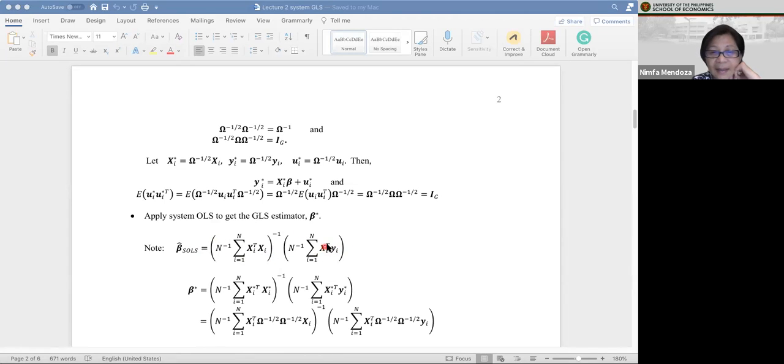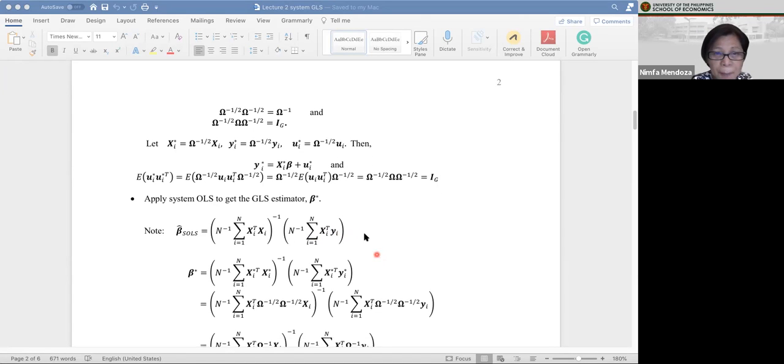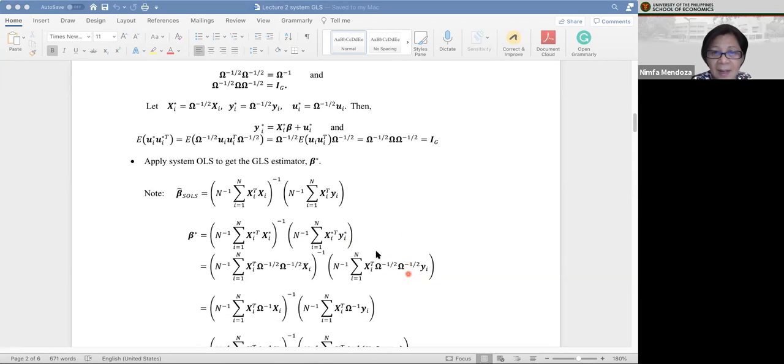Following the formula for the system OLS applied to this transformed model, for the x's and the y's, we just replace them by the starred variables. So we have X sub i star transpose X sub i star instead of X sub i transpose X sub i. Similarly, for X sub i transpose Y sub i, we have X sub i star transpose Y sub i star. This is the GLS estimator.